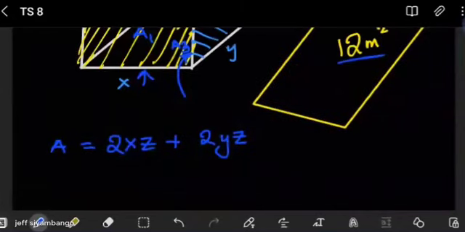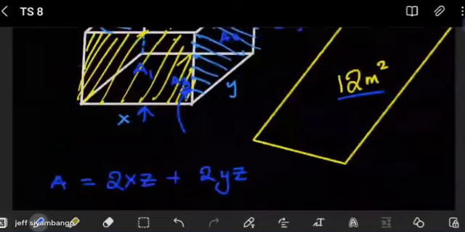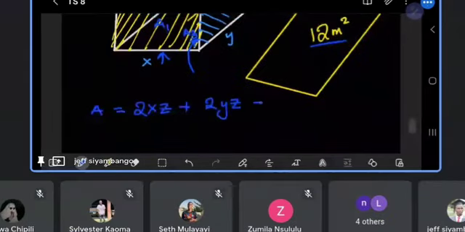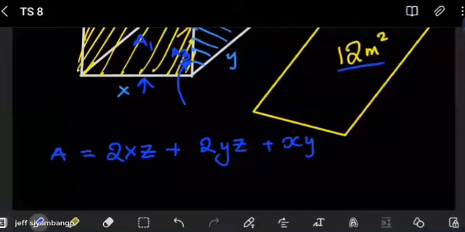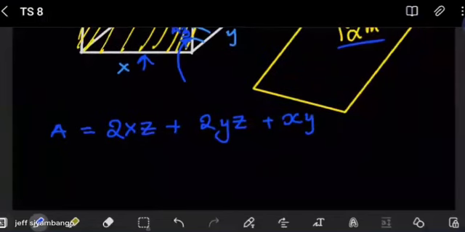The last one is the one down, the one at the base. The one at the base only occurs once. The top part is to be left open. The question specifies. So the one at the base is just going to be xy. So I hope that part is clear. So this becomes the expression for our surface area.